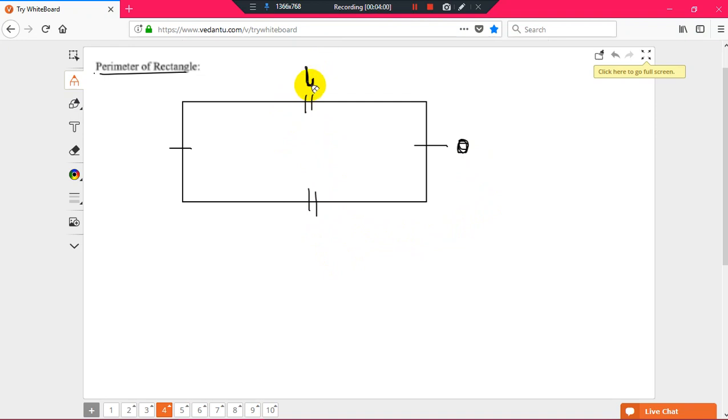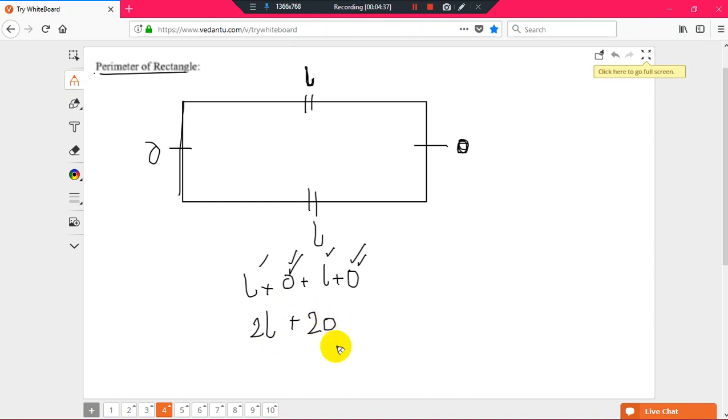So if this is length L, the opposite is also L, and this is a breadth, so we keep B. To find the perimeter of a rectangle, we add all the sides: L plus B plus L plus B. L is repeating 2 times and B is repeating 2 times. So we get 2L plus 2B.